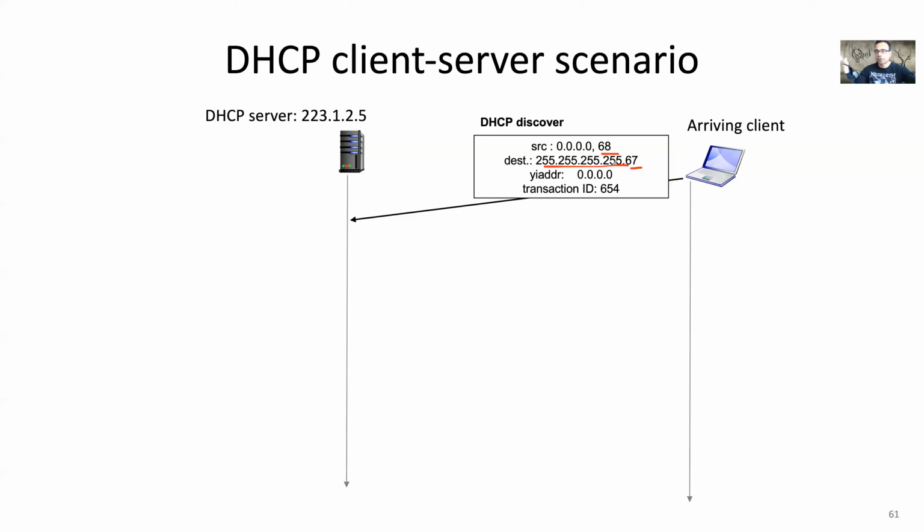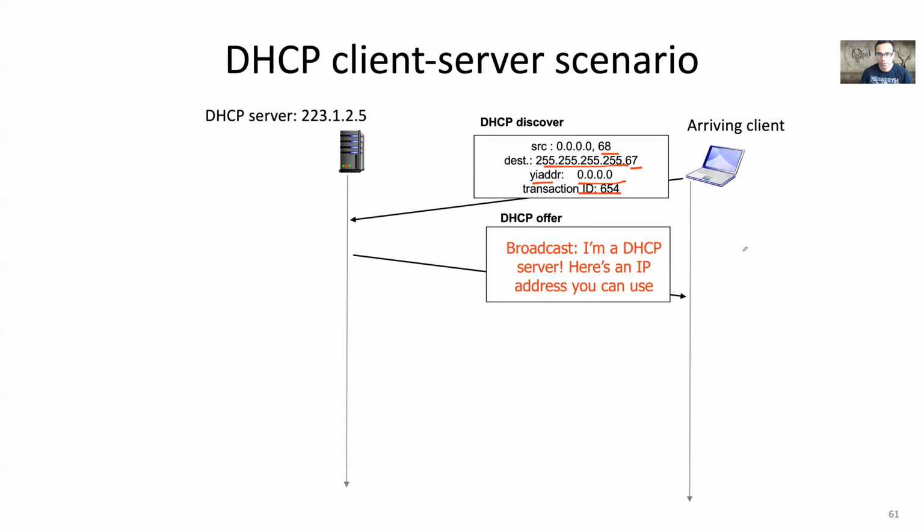So this is like literally shouting on the network, saying, hey, I want an IP address, right? This field is referred to as your address. That's the address that will eventually be assigned. Right now, it's all zeros. The transaction ID is just some random number, which allows the client to match up the response that comes back.